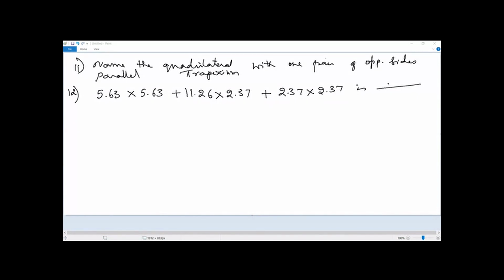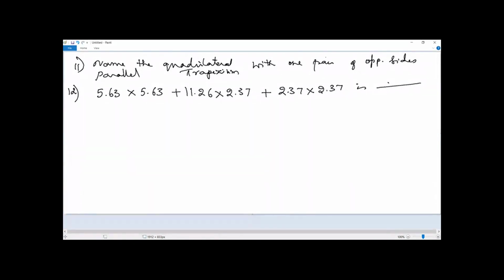Ma'am, Pratiksha. A plus B whole square, ma'am. A square plus 2AB plus B square. No, this is not C squared. 11.26 into 2.37 is not C squared. A plus B whole square.